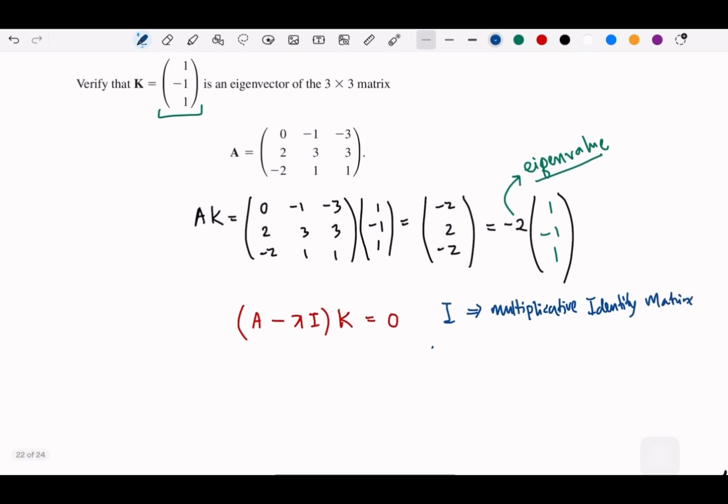Now we let K equal a column vector or column matrix, sorry.